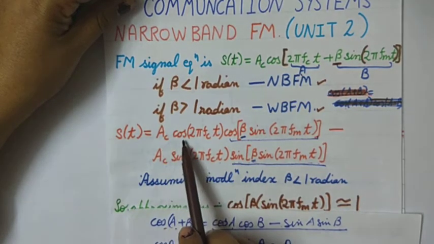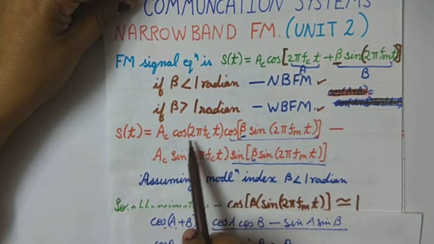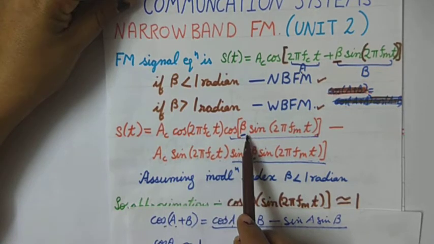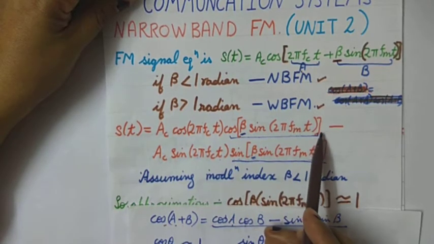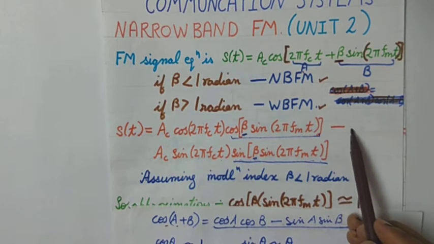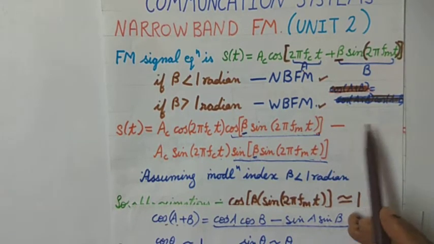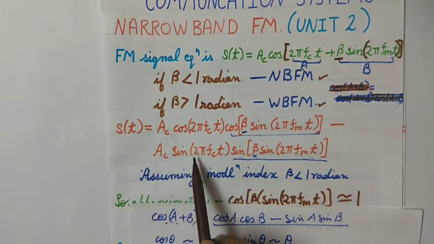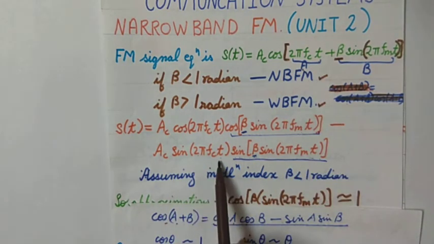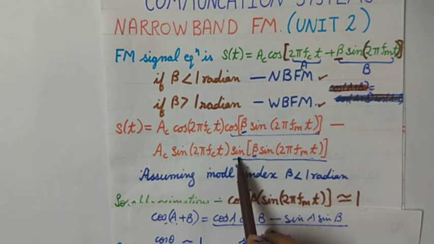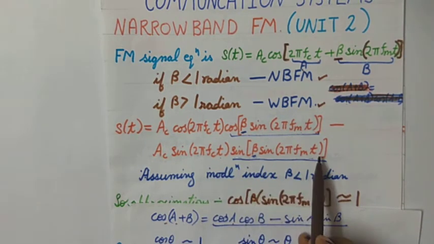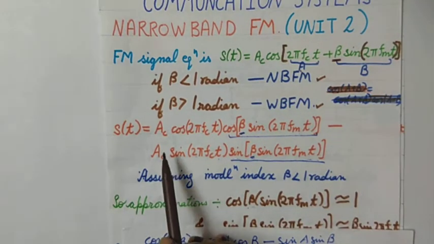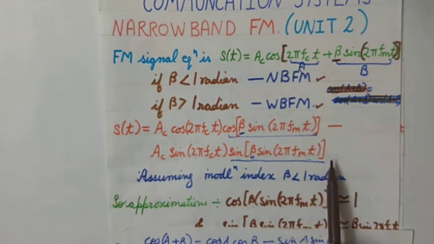So Ac cos A is cos 2 pi fc t, cos A into cos B, where cos B is cos of beta sine 2 pi fm t, and then we have a minus sign, minus sin A into sin B. Ac is common and goes with both, so sin A is sin 2 pi fc t and sin B is sin of beta sine 2 pi fm t. So after expanding, we get this full equation.